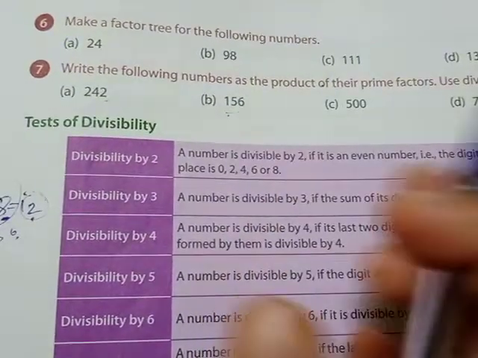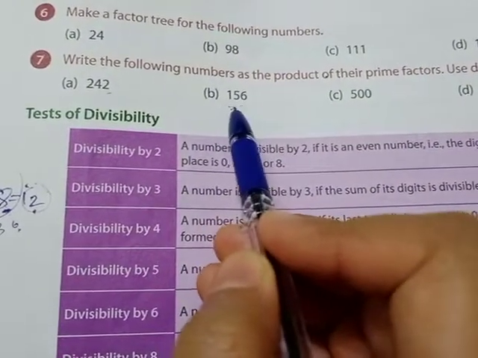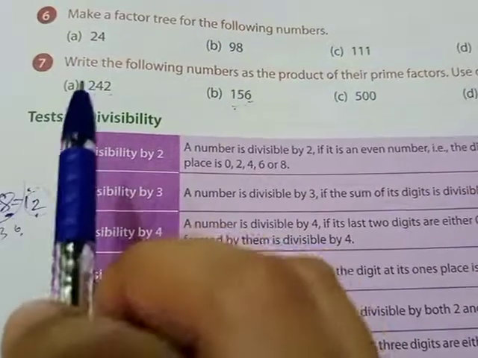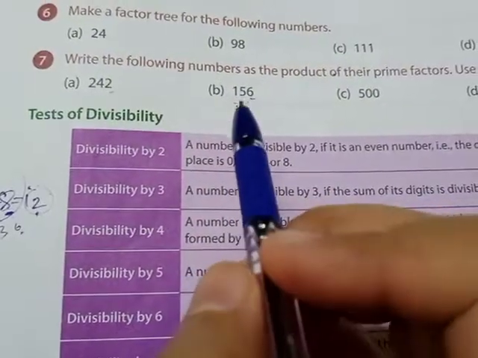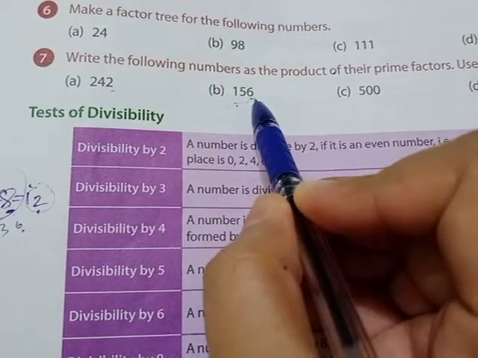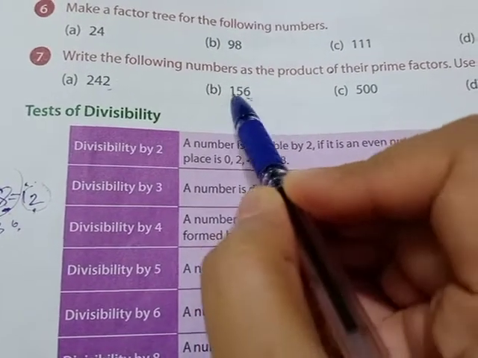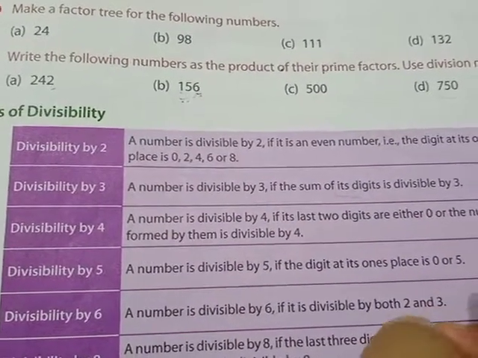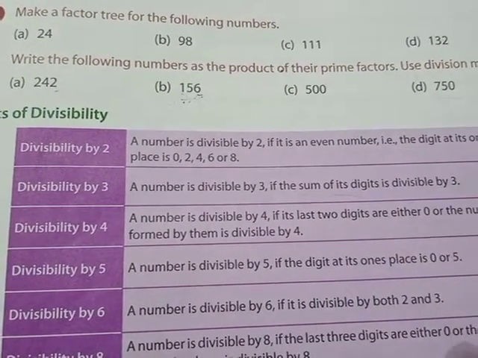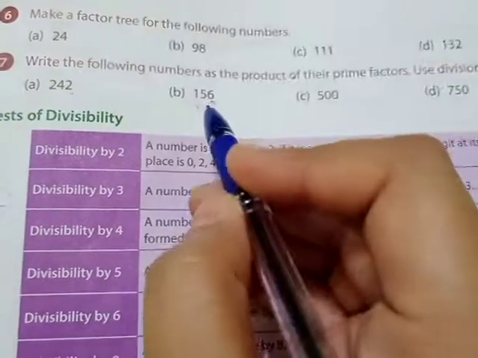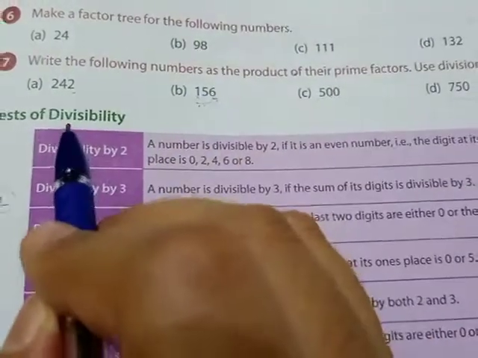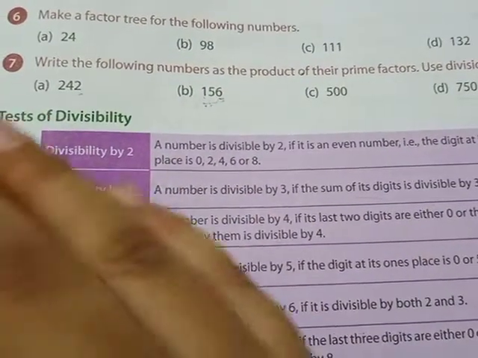Keep in mind, if that number has 0 in its ones place, it will be divisible by 4 definitely. If its last 2 digits are 0, not only one digit, both the digits should be 0, that means it will be divisible by 4.